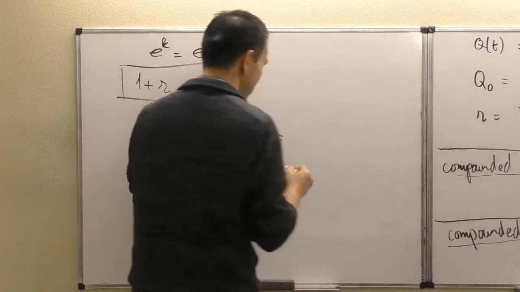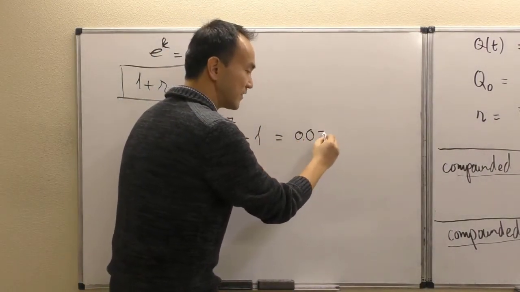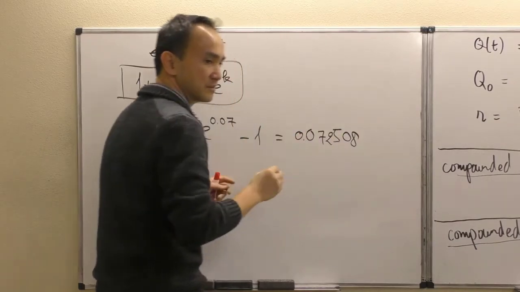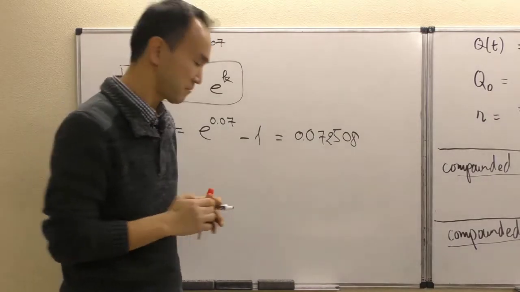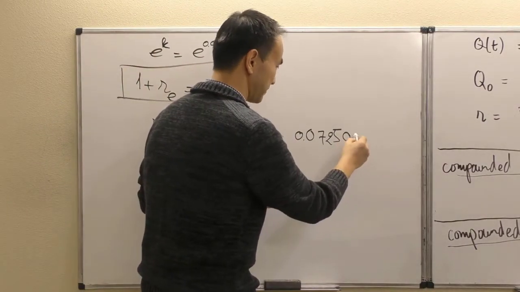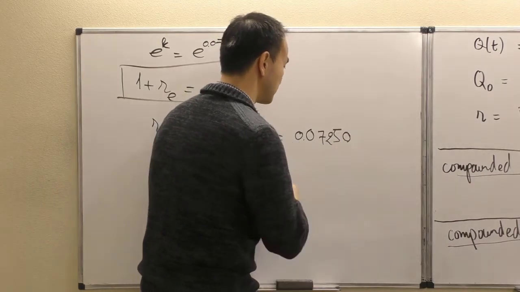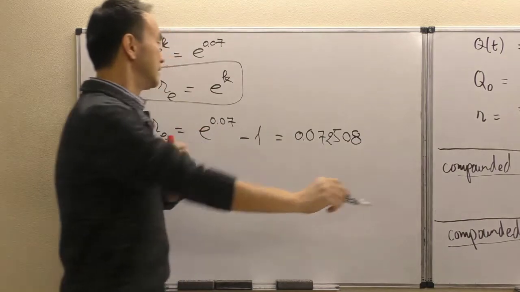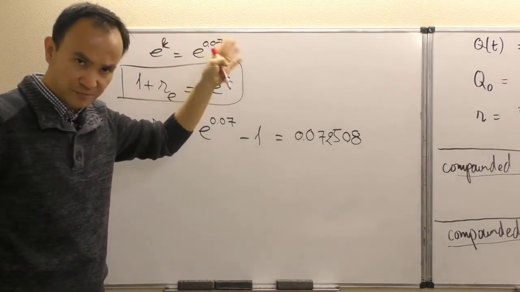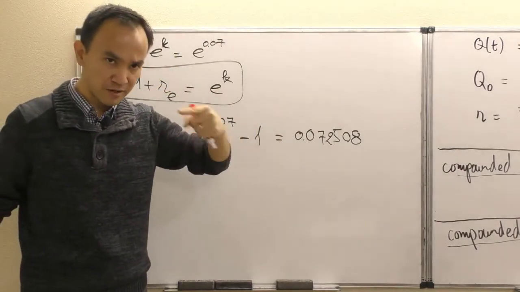And then quickly on my calculator, I came to approximately 0.072508. So it's close enough to 0.07. This was the nominal rate, the rate before the continuous compounding process kicked in.